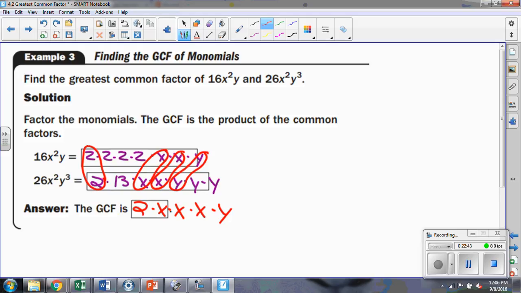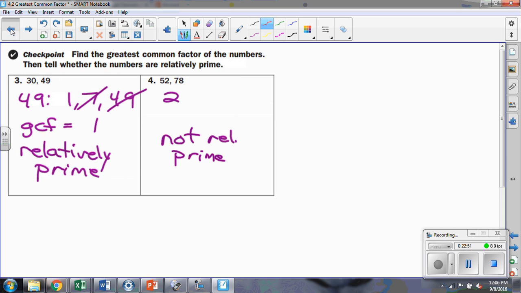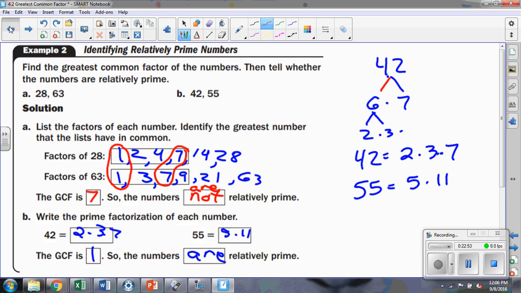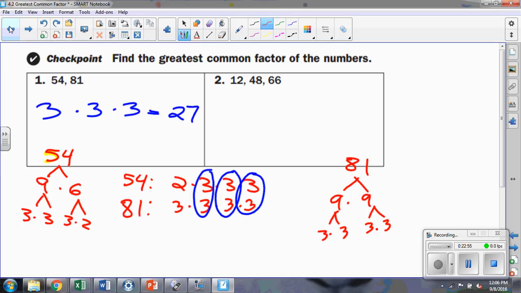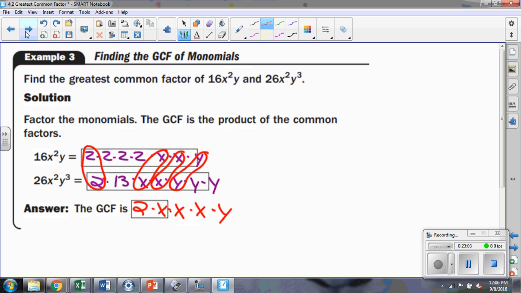A lot of times, though, we don't want to have the greatest common factor written out, expanded like this. Think about when we did our greatest common factor before. Did we leave the greatest common factor expanded? No, we multiplied it out and said it's 27. We want to do the same thing here. X times x times x.